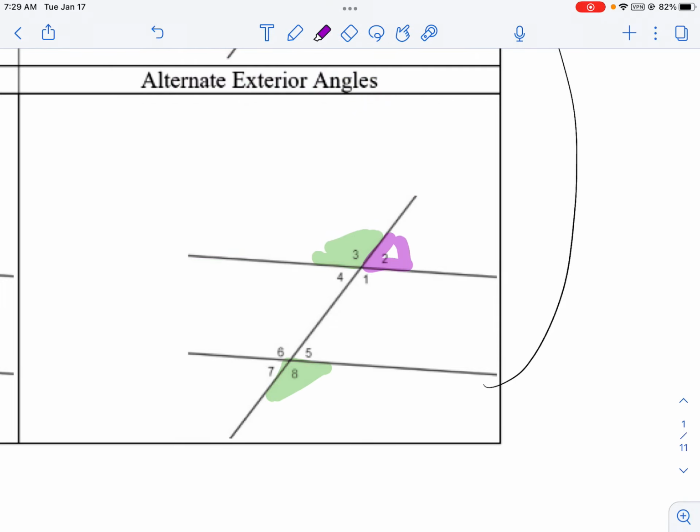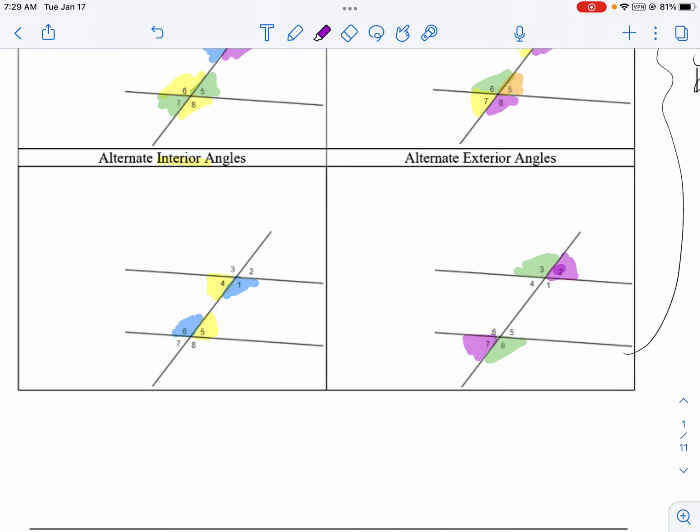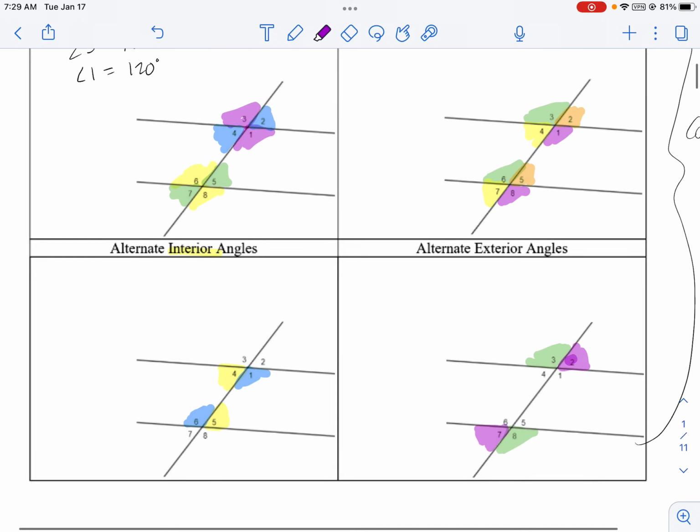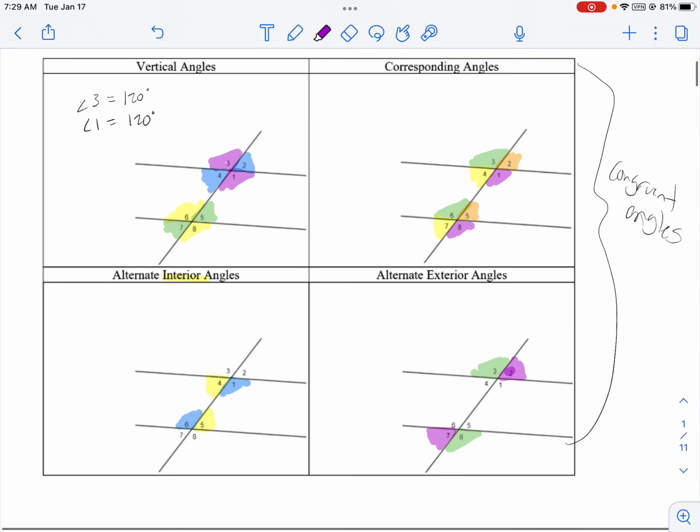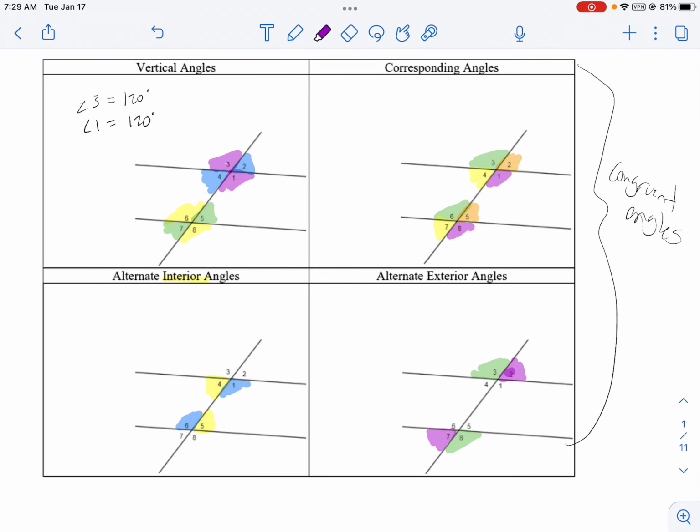Then on the alternate side of the transversal again, we have angle 2 and angle 7. Those are your alternate exterior angles. If it's on the inside of the parallel lines, we call them interior angles; outside the parallel lines, exterior angles; and on the alternate side of the transversal. That is all of your vocab when it comes to identifying congruent angles for parallel lines and transversals. Thanks for watching.